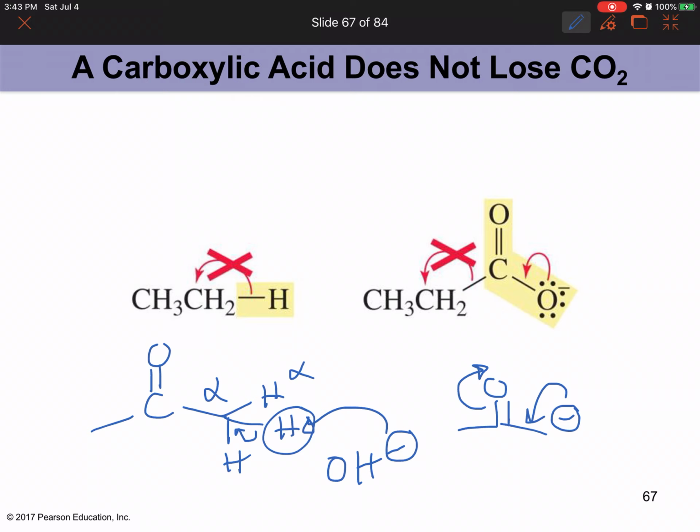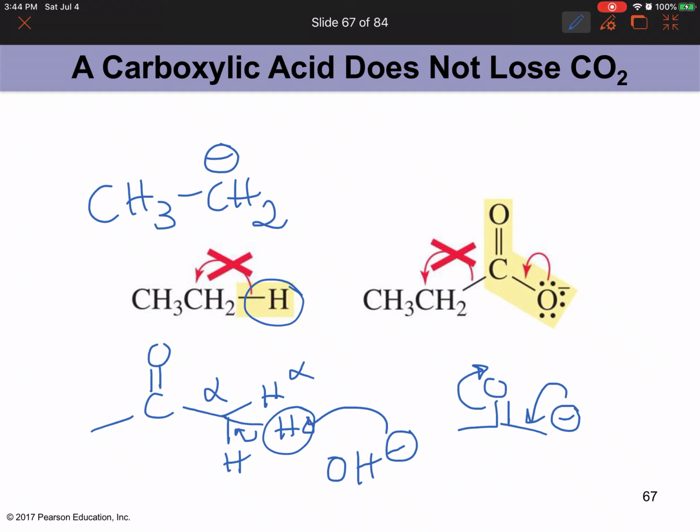Same thing. If you lose hydrogen from an alkane, what you're going to get is CH3CH2 minus. Having a negative charge on carbon and there being nothing else in the molecule to make it stable, it's highly unlikely that it is going to happen.